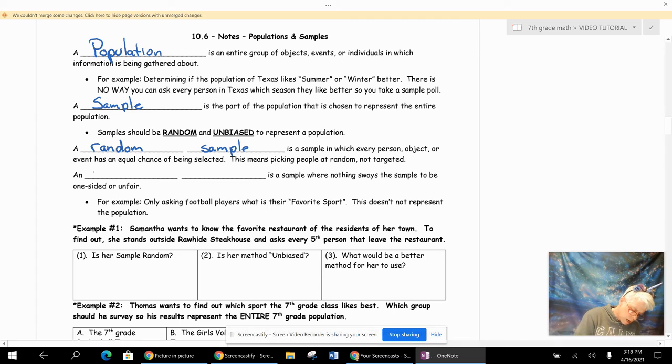It also has to be an unbiased sample. Unbiased means that a person is not going to lean a certain way, whether it's true or not. The best example I could think of is a mother with her baby or a grandmother with her grandchild.